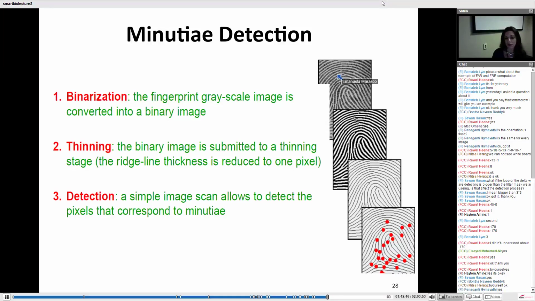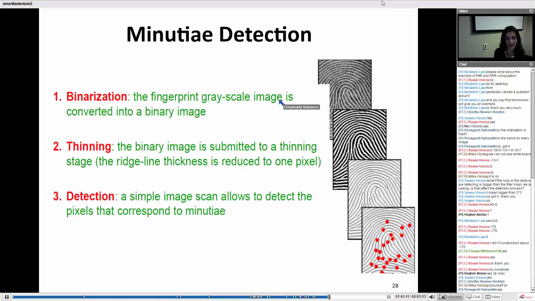First of all, we do a binarization. Based on saturation, we decide on a specific threshold in the grayscale domain, and then we obtain an image with only two values, black and white, a binary version of the image.